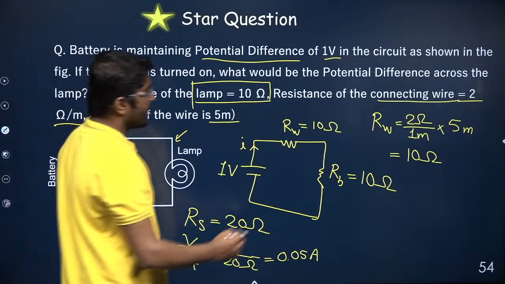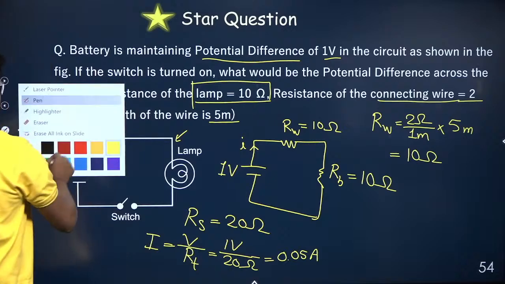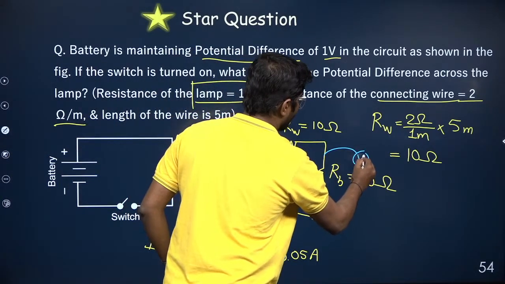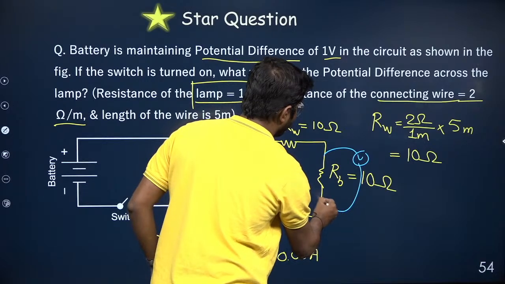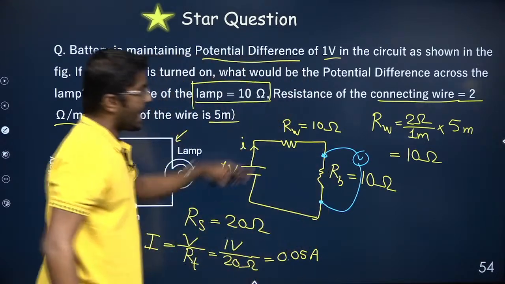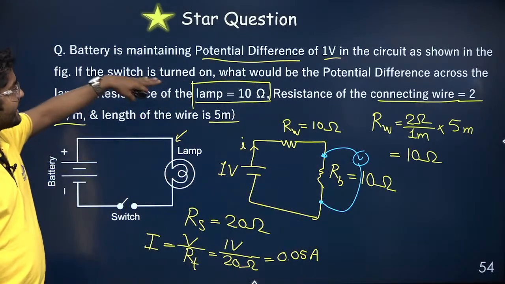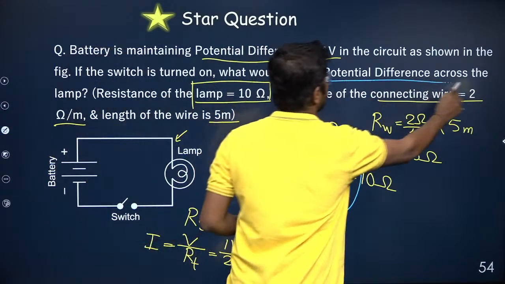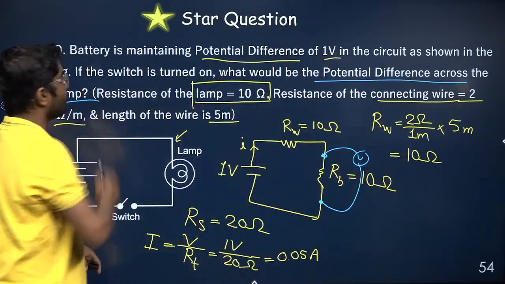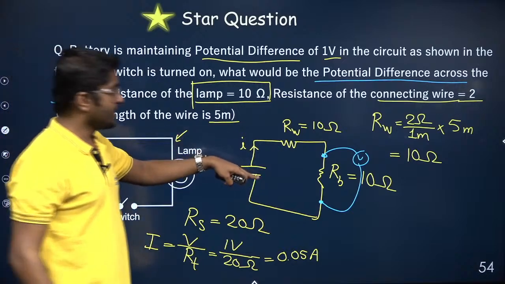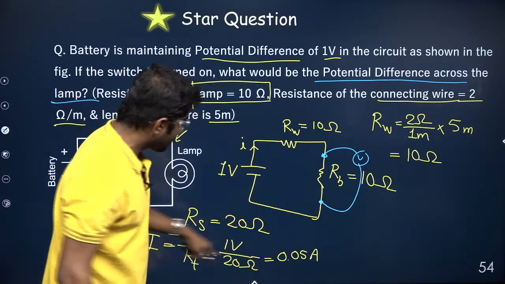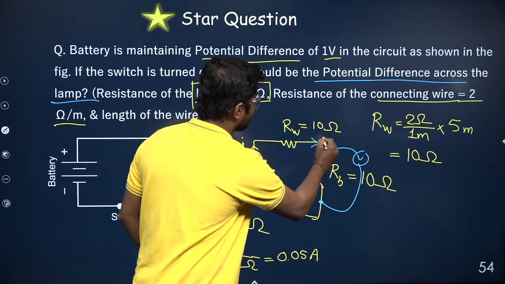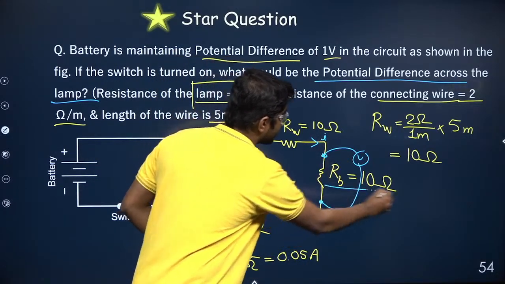So now if I measure the potential difference, the voltage across the bulb, that is what the question is. What would be the potential difference across the lamp? So we know the current. How much is the current? 0.05 flowing through it. There is a current and the resistance is this much.